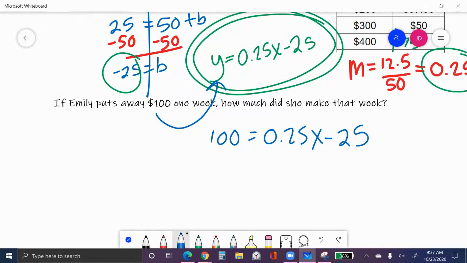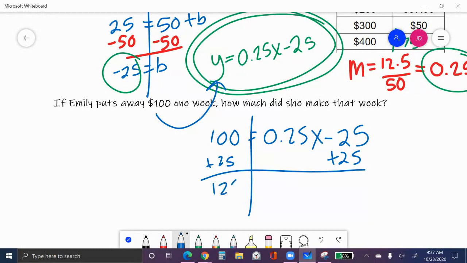And then we solve for x. So we add 25 to both sides. And we get 125 equals 0.25x. Divide both sides by 0.25.